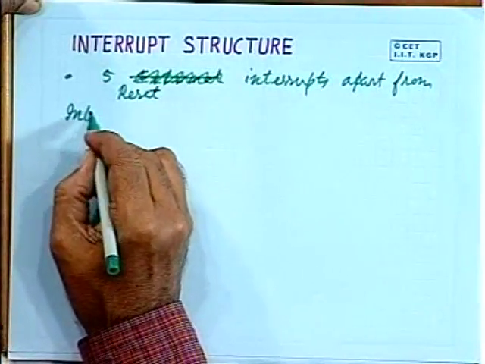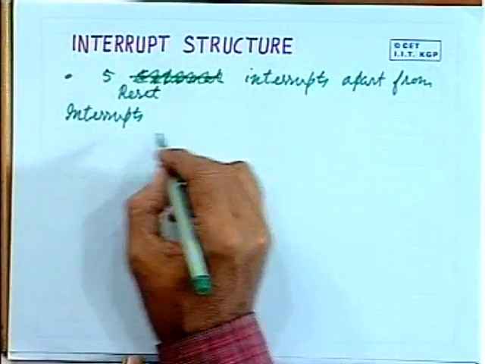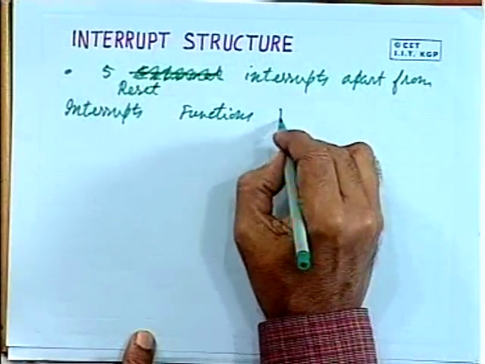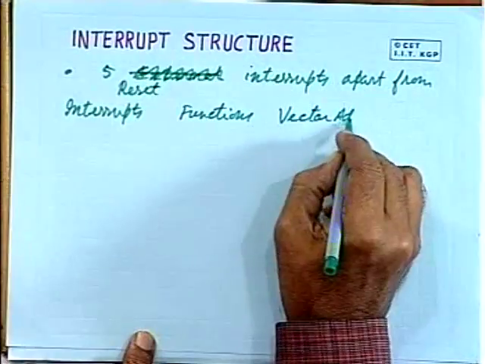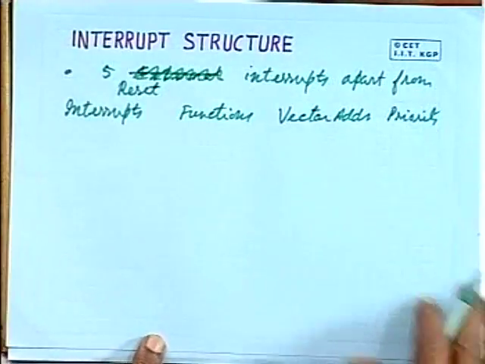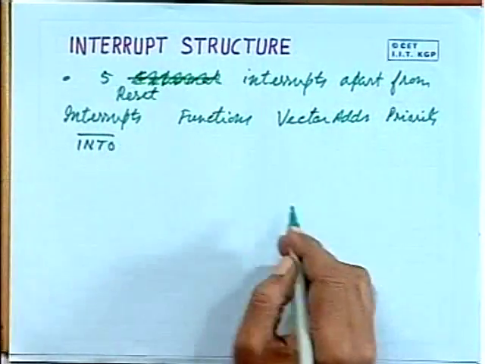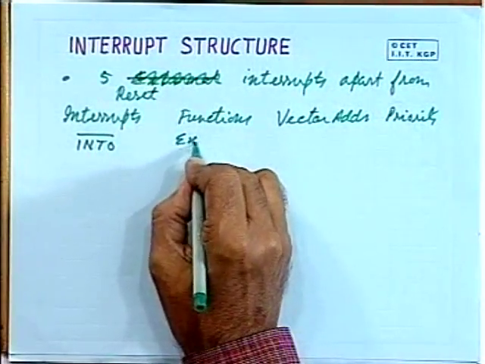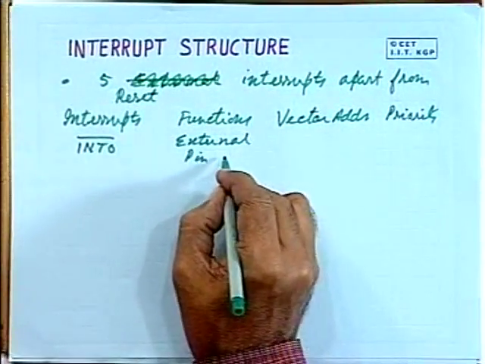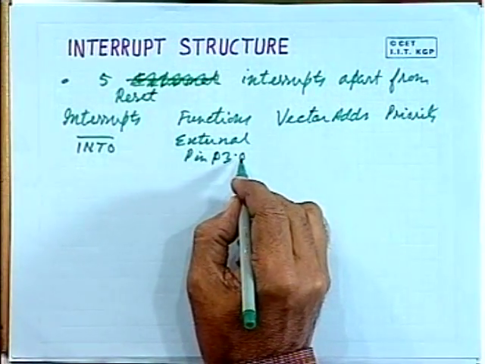So let us see what are the different interrupts available in 8051. Interrupts, their functions, then the vector address and the priority, if any. First of all, you have got one external interrupt, INT0. This INT0 is an external interrupt and which is available on port pin P3.2.